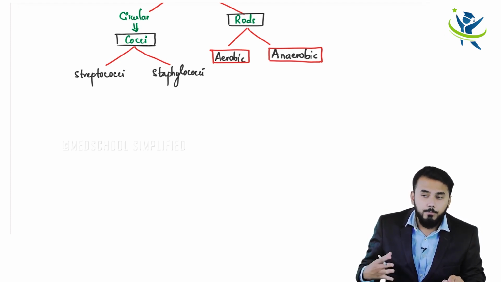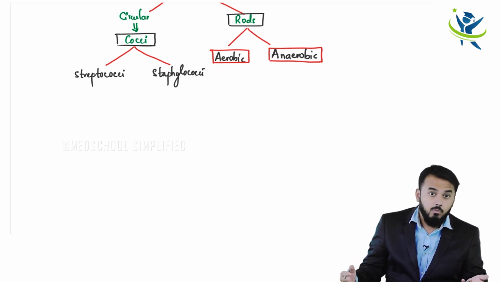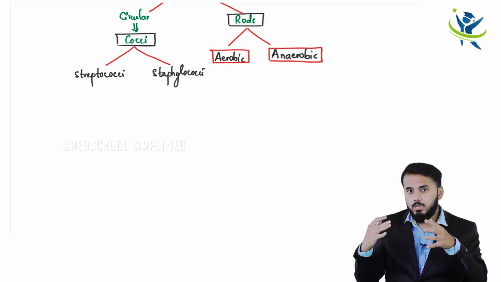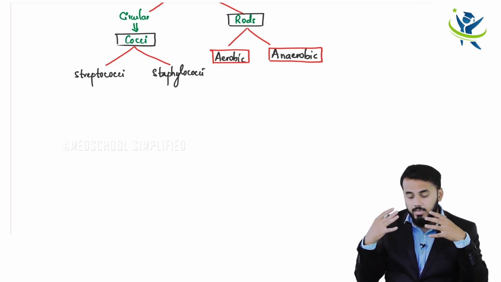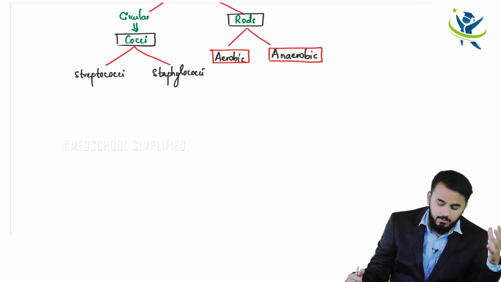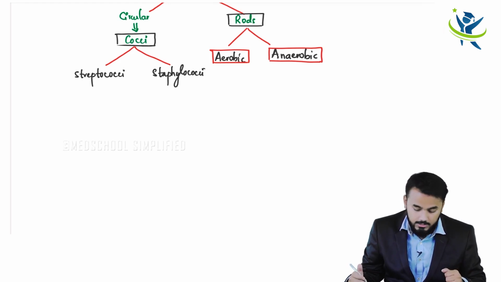What if I provide oxygen to these anaerobic organisms? They die. I have explained in detail why anaerobic organisms die when exposed to oxygen in the previous video, so please check the previous videos and clarify your concept.